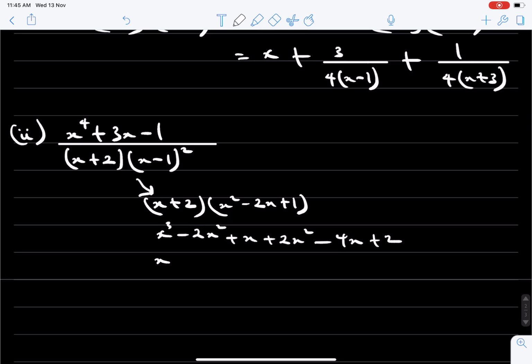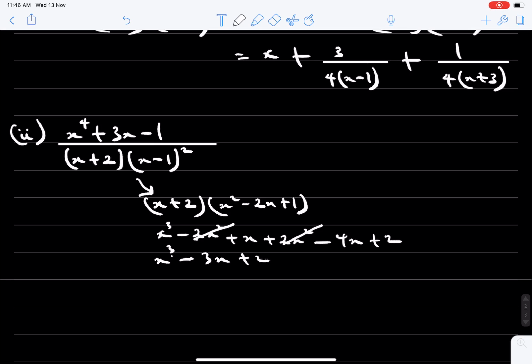This gives x cubed; plus 2x squared cancels minus 2x squared; x minus 4x is minus 3x, plus 2. That's x cubed minus 3x plus 2.